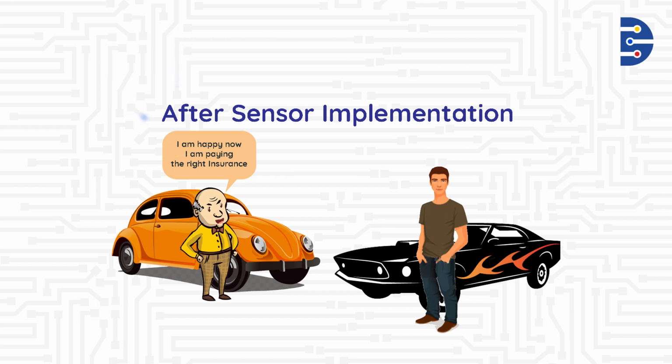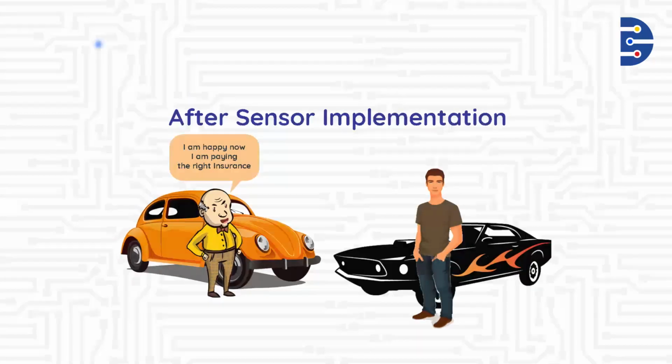And not just the insurance industry, even the life insurance industry is working with Fitbits and other health related devices to decide on individual health or life insurance premiums that people will have to pay. Thus, the insurance industry is undergoing a major change because of use of sensors.